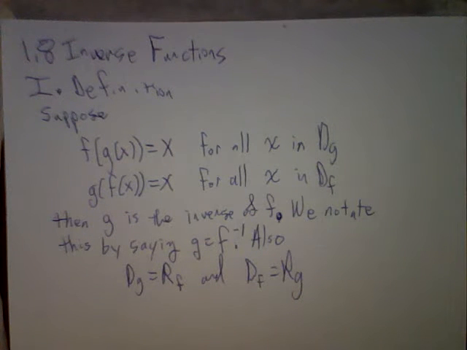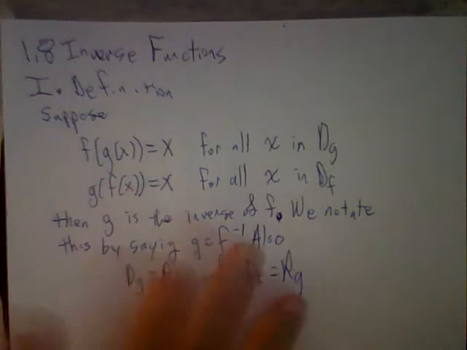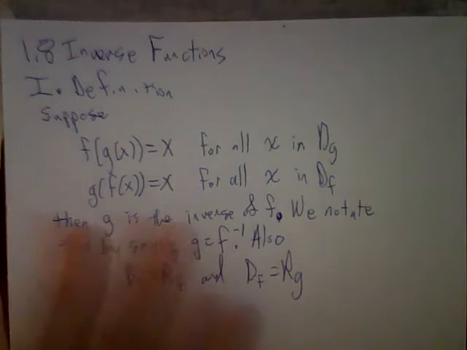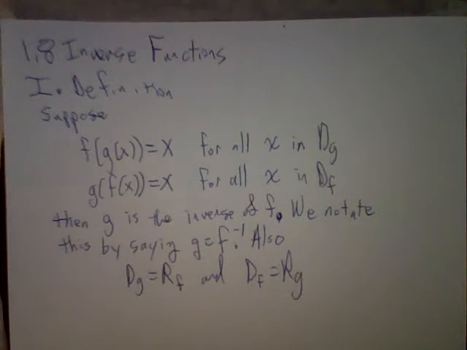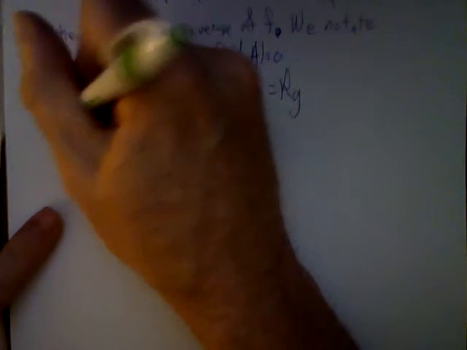Okay, so the first couple problems, I mean, this is what you're doing. You're composing the functions, showing that they become the identity functions, and then you're good to go. Okay, so this is problem 4 in the book.